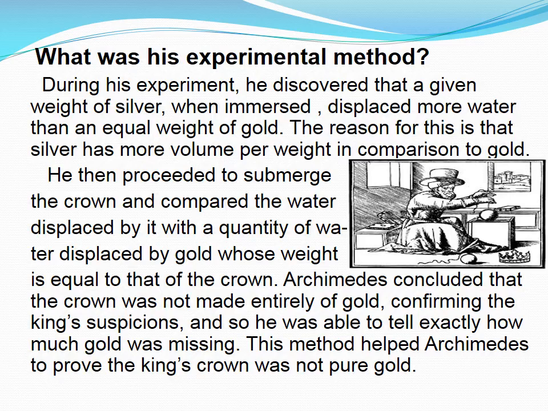He then proceeded with his experiment by submerging the crown in water and comparing the water displaced by it with the quantity of water displaced by gold whose weight is equal to that of the crown. Archimedes concluded that the crown was not made entirely of pure gold, confirming the king's suspicions, and so he was able to tell exactly how much gold was missing. This method helped Archimedes to prove the king's crown was not pure gold.